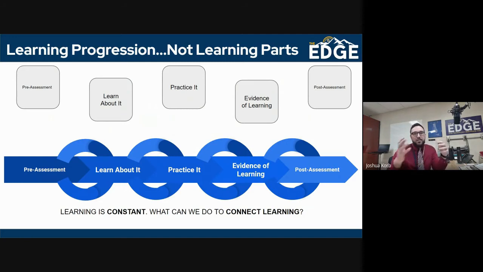So instead of thinking, oh, we're doing a pre-assessment and now we're doing a learn about it section, now we're doing an evidence of learning, think about it more as a continuous measure of students moving to and fro throughout this entire learning process, rather than just pinpointing one, then two, then three, then four. So how do we connect our learning, and how do we keep it constant?